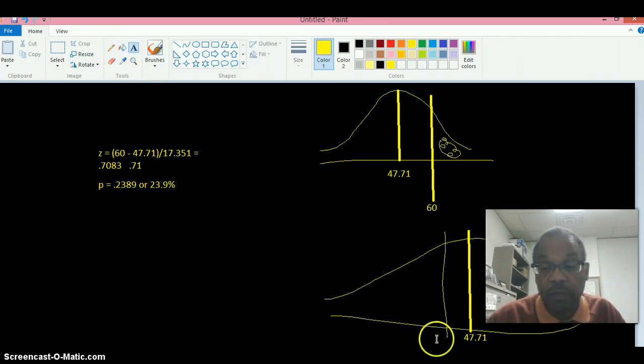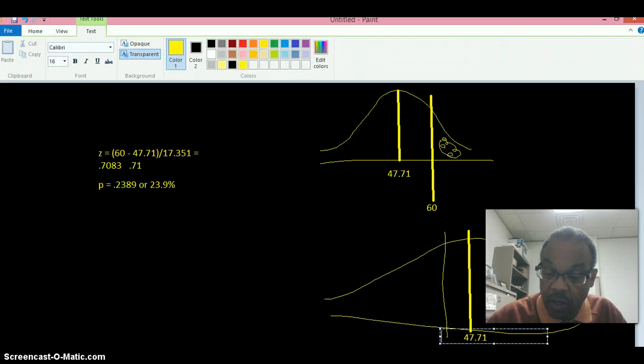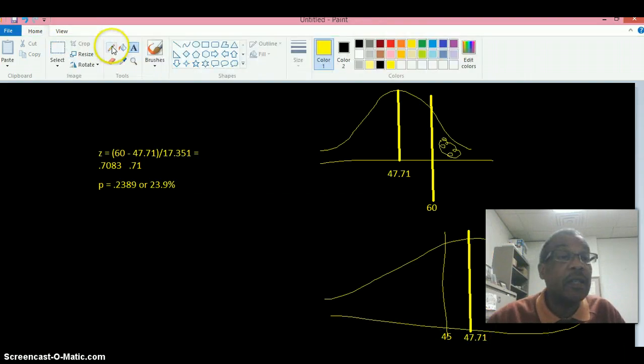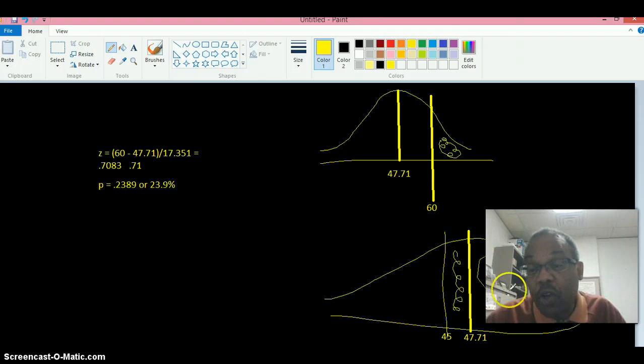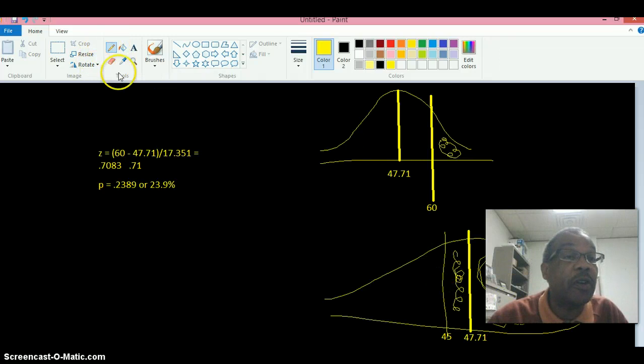So this time we're being asked to look at 45 or greater, which is here, but it's also over here, right? Because over here would be greater than 45. So it's this area plus this area. So let's figure out how we would do that.